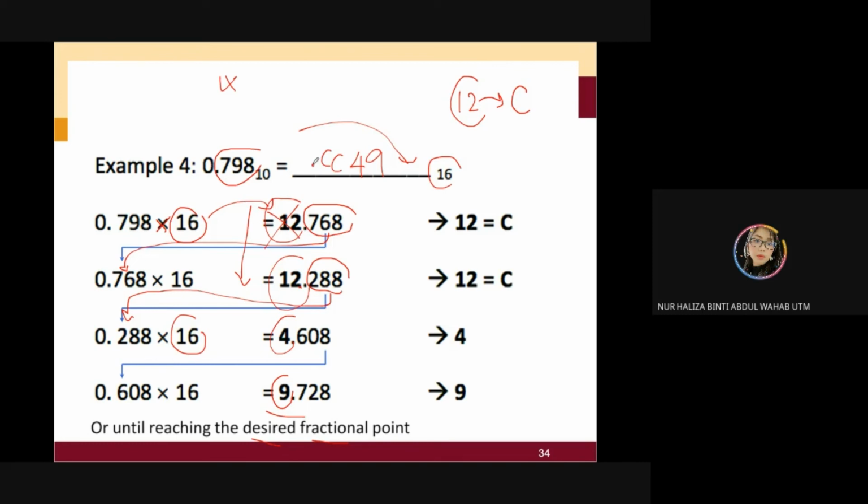And don't forget to put the fraction point, because this one is a fraction. You can see you have 4 fraction points. If it asks for only 3, you only stop until here. If you were asked for only 2 fraction numbers, you will only go for 0.CC.